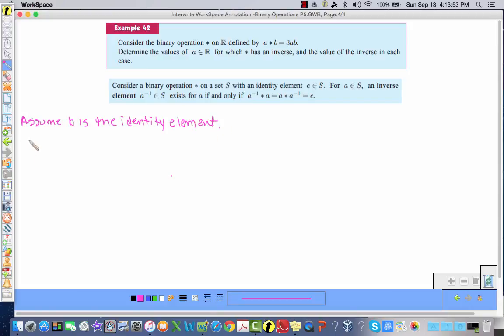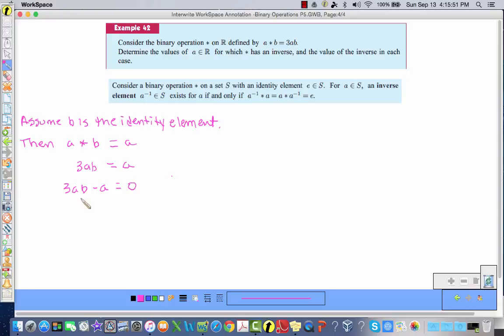And if that's true, then A star B has to be equal to A. So if A star B is equal to A, and remember A star B is defined as 3AB, then 3AB is equal to A. Subtracting A from both sides, 3AB minus A equals 0.